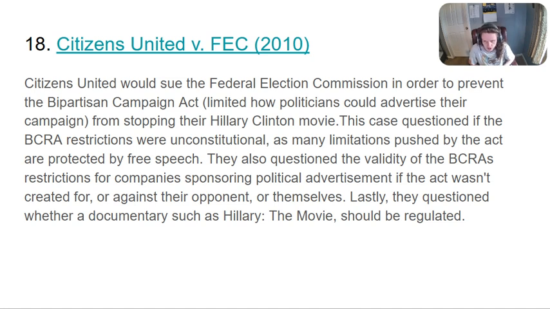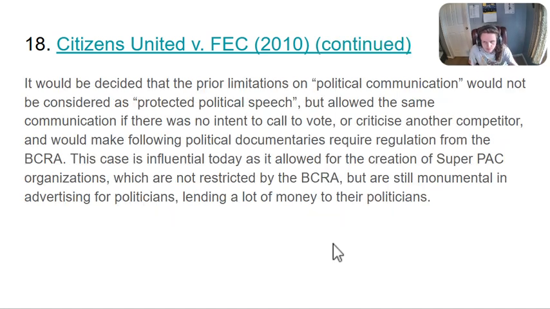This case questioned if the BCRA restrictions were unconstitutional, as many limitations pushed by the act are protected by free speech. They also questioned the validity of the BCRA's restrictions for companies sponsoring political advertisement, as the act wasn't created for or against their opponent or themselves. Lastly, they questioned whether a documentary, such as Hillary: The Movie, should be regulated.